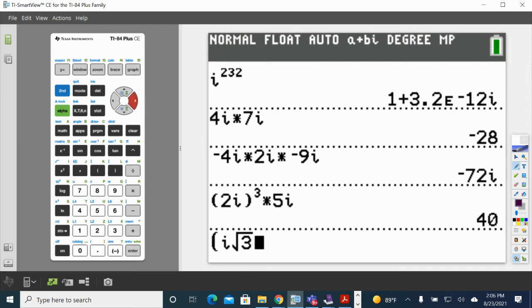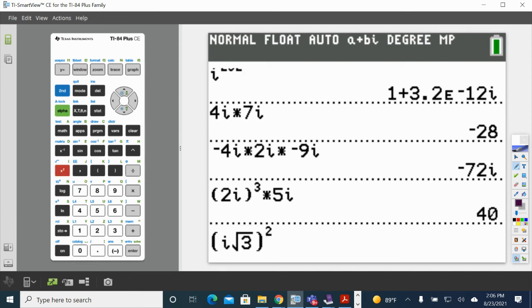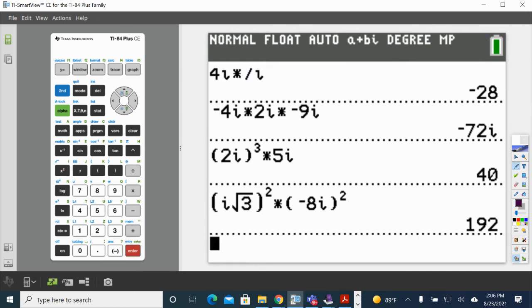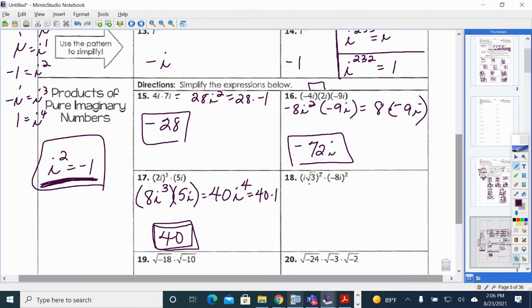I have to arrow to the side to close my parentheses, squared, times negative 8i is being squared. So parentheses, negative 8i squared. And the calculator's going to tell me 192. So there's the answer on that one.